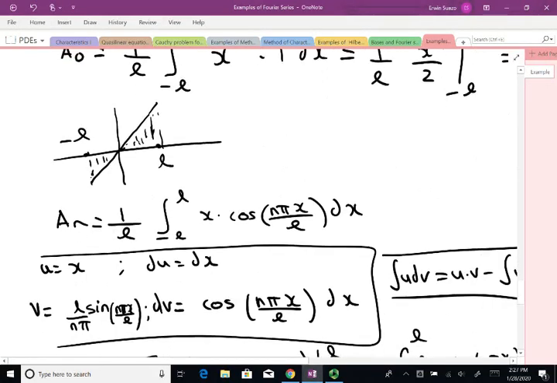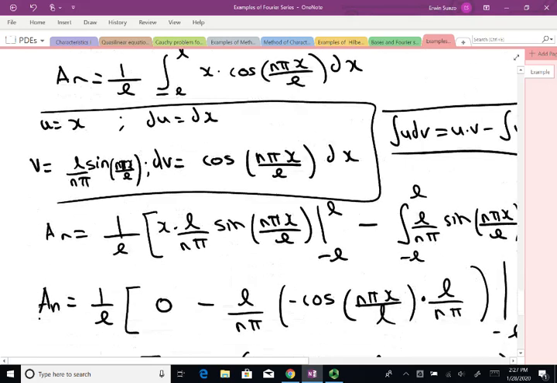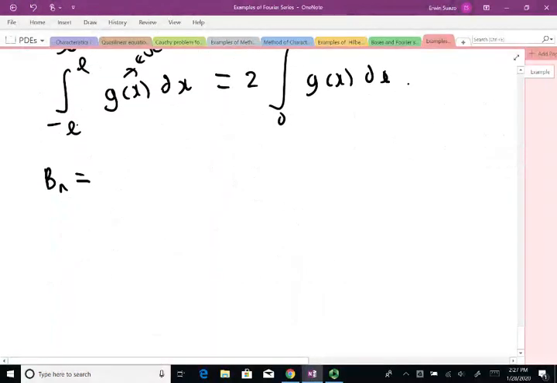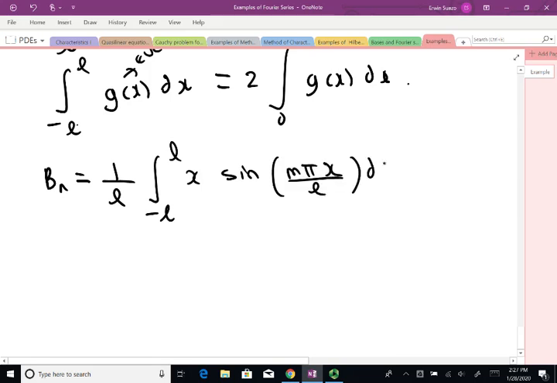So that's what I'm gonna do. So b sub n is 1 over L integral between minus L and L of x sine n pi x over L dx.